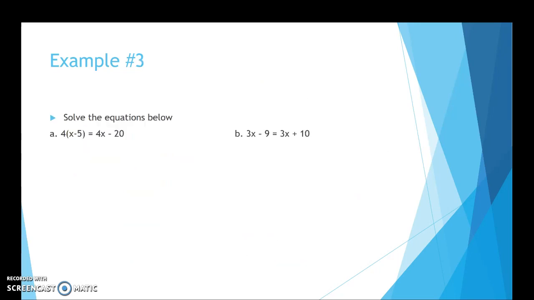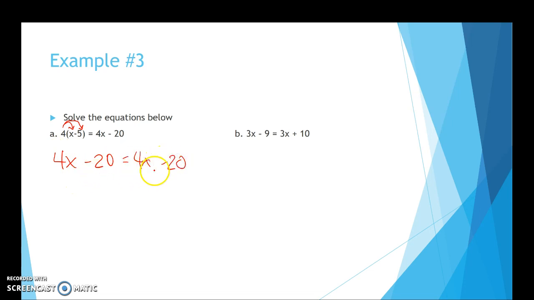Last set of examples here, it says solve the equation below. And here you'll notice that we're going to determine whether these equations are an identity or a no solution, similar to what we saw in the first slide. So A, we have 4 parenthesis x minus 5 equals 4x minus 20. Again, we'll distribute 4 times the x and 4 times negative 5. 4 times x, 4x, minus 20 equals 4x minus 20.